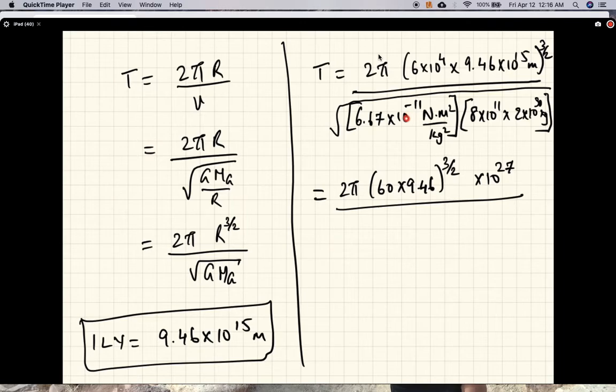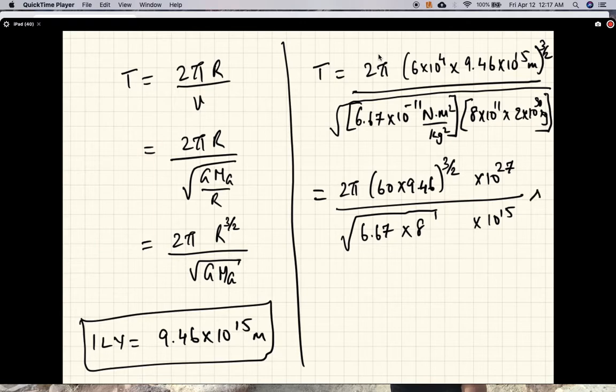It's 10 to the 11, that kills that, and 10 to the 30, and the square root of that is 10 to the 15. I'm assuming all the units will work out, since we've kept everything in SI units. And it's the square root of 6.67 times 8.